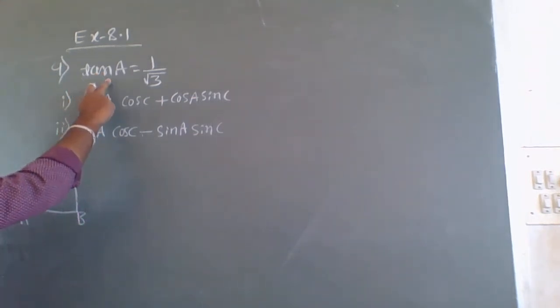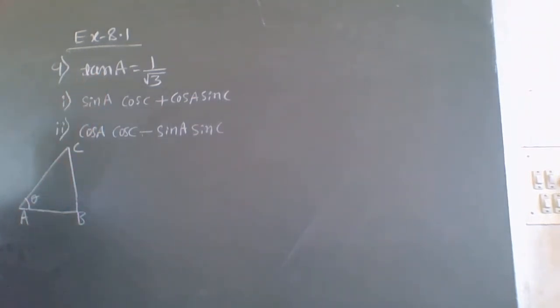Always tan theta equals perpendicular by base. Perpendicular is opposite to theta, so this is the perpendicular, 1. Base is root 3. Base is adjacent to theta, which means base is AB, so here I will write root 3.